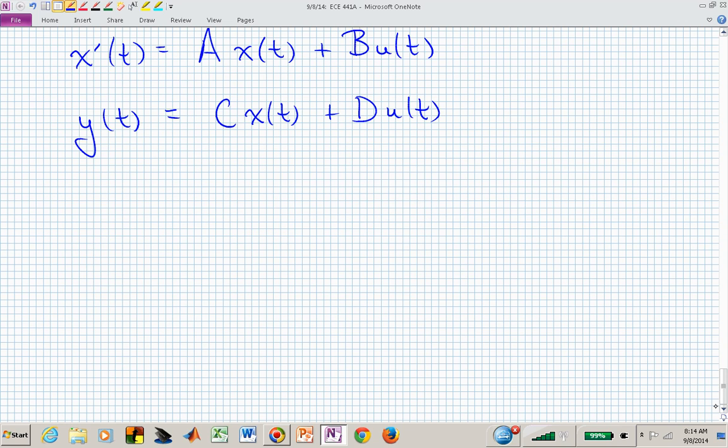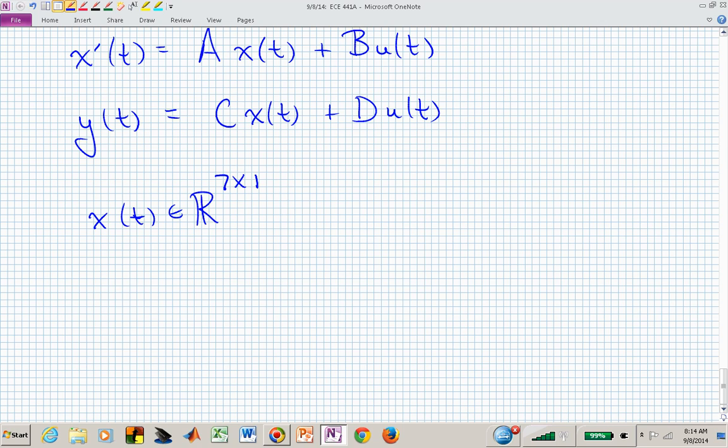In our particular system, we've already determined that x of t, which is a function of time, is now a 7 by 1 vector. And in that column, we will try to include all of the variables in our system dynamics that we need to keep track of, such that when we differentiate them once, we will actually recover all of the dynamic equations that we had.